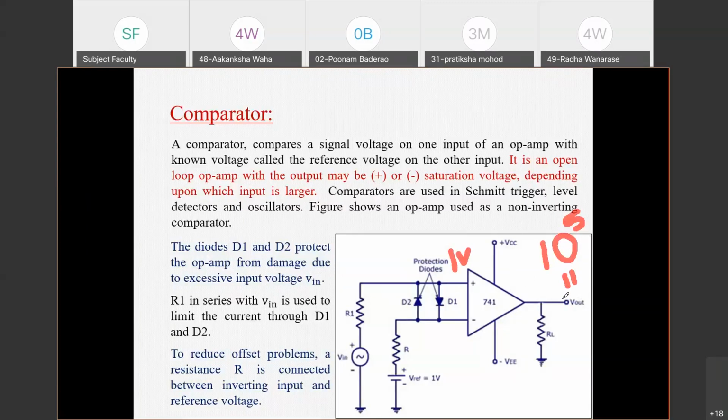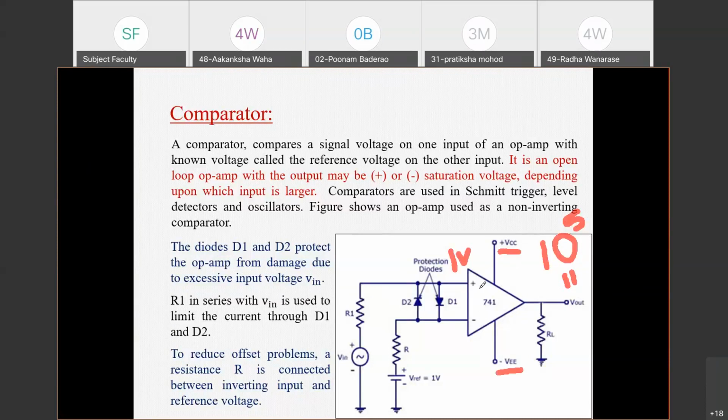Okay, so this output voltage will always get saturated to either the positive value or the negative value. Okay, so when the output becomes plus VCC, the voltage at the non-inverting terminal will be greater than the voltage at the inverting terminal. Then your output will be positive.